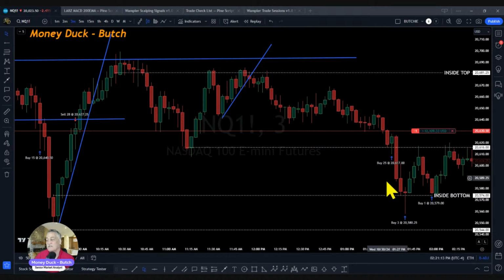Okay. So when it hit the inside bottom, I was ready to close. The candle was red. I closed somewhere in there. I can't remember the exact price, but there's the price it's showing right there, 80.25.